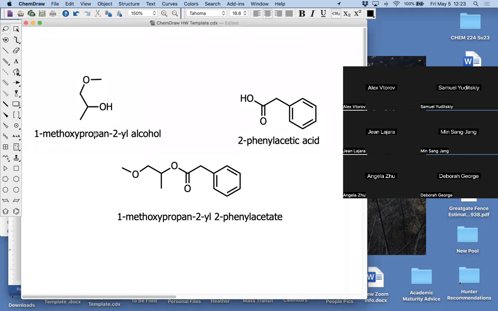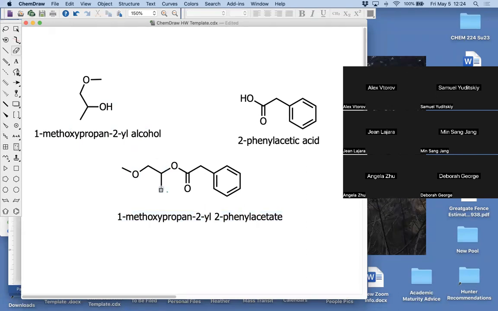Now, this is a very formal IUPAC name, but this is what it would be. 1-methoxypropan-2-yl alcohol, 1-methoxypropan-2-yl phenylacetate. I'm doing this to show you the pattern continues. This does not belong on an exam. Compound substituent forms like this just aren't going to go on an exam.